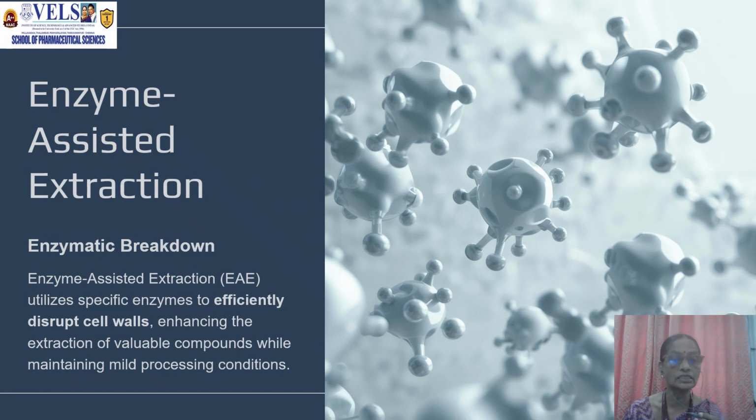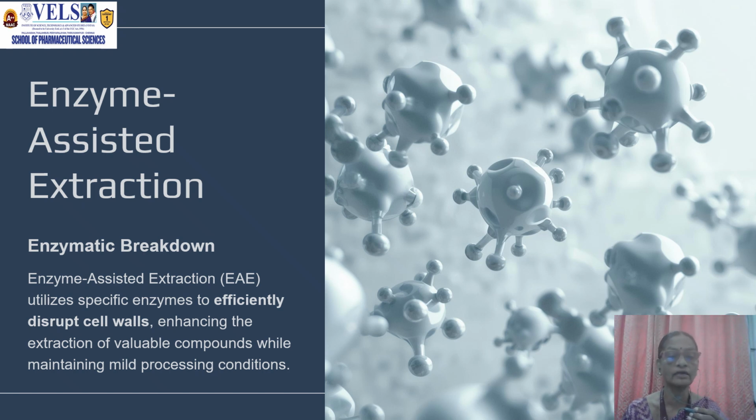Coming to enzyme assisted extraction, most of the plant cell wall is made up of constituents like cellulose, pectin, hemicellulose, and some glycosides. By using natural enzymes like cellulase, pectinase, beta glucosidase, hemicellulase or proteinase, we can assist the extraction process.